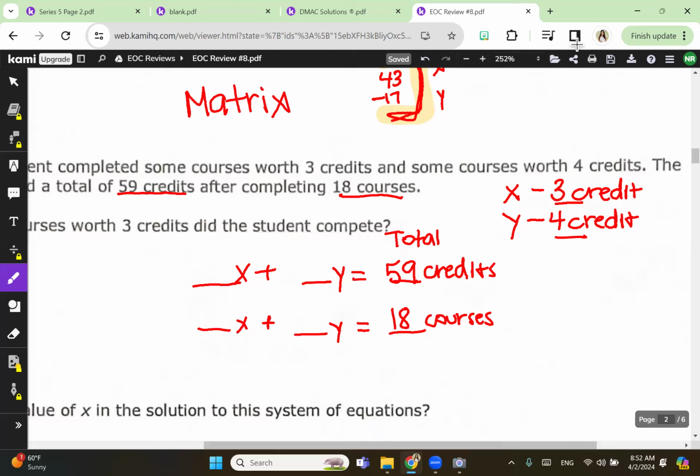Top one. Credits, credits, credits. So 3x, 3y. Now we don't know, courses are unknown. When you don't know what number to put, what do you use? 1. Coefficient of 1. Now these 2 are set up to where you can put them into matrix.